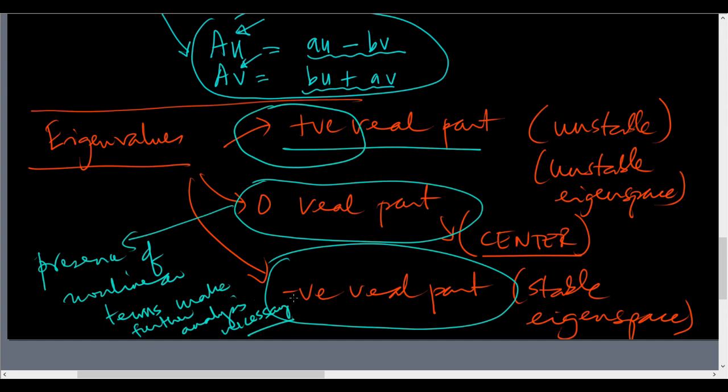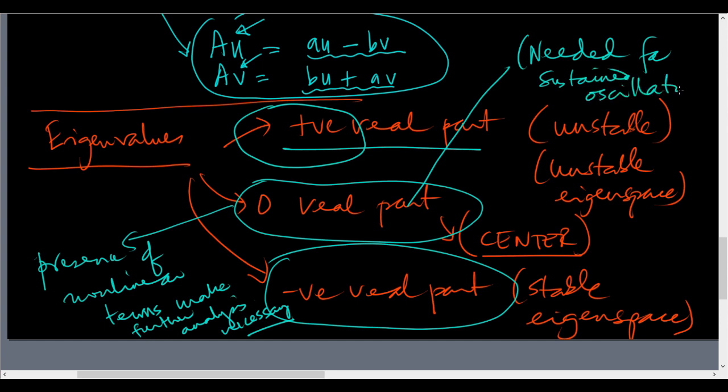Okay, for sustained oscillations, some eigenvalues with 0 real part are needed. How many? Complex conjugate pairs, right? So at least 2.